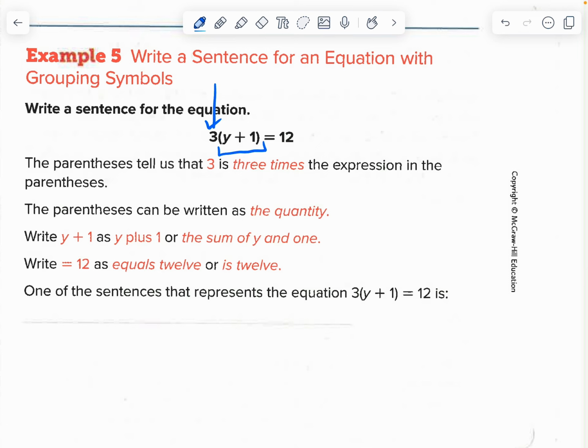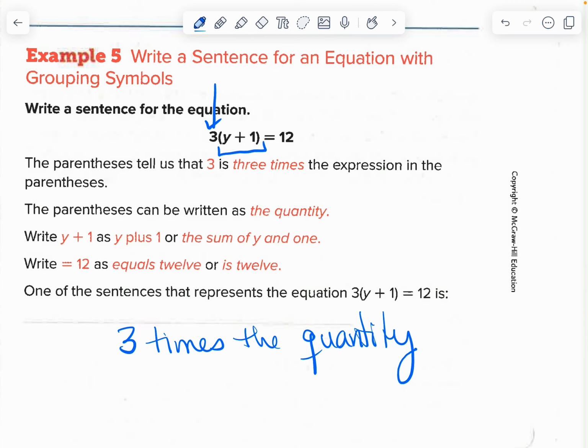So, 3 times the quantity y plus 1 is 12. Okay?